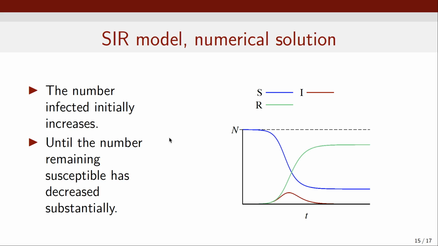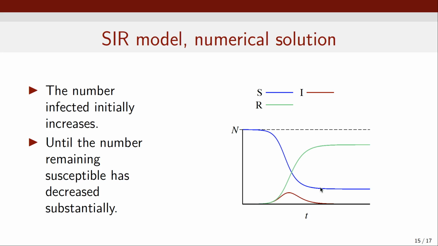The number remaining susceptible, at first it's 100%, then it falls off as more people get infected and become immune or develop antibodies, and then that decreases substantially as time goes by.